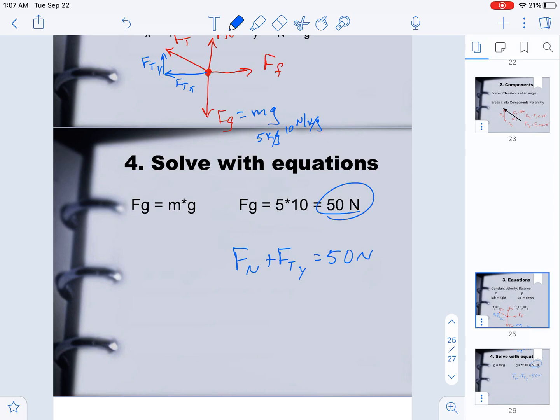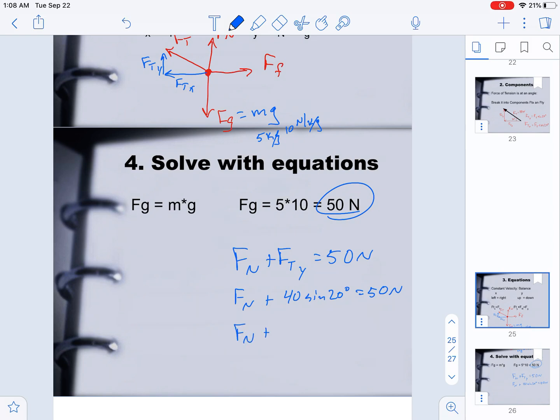My Fty I know to be 40 times the sine of 20 degrees. That'll tell me that 50 newtons equals Fty plus my normal force. Plugging 40 times the sine of 20 into my calculator will tell me what that is, and I can figure out the rest of that. 40 times the sine of 20 is 13.7.